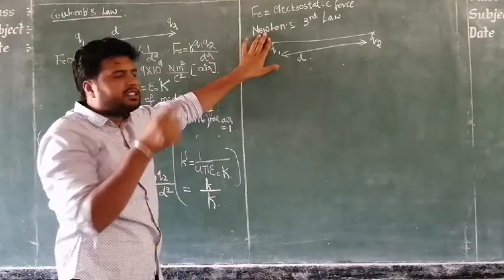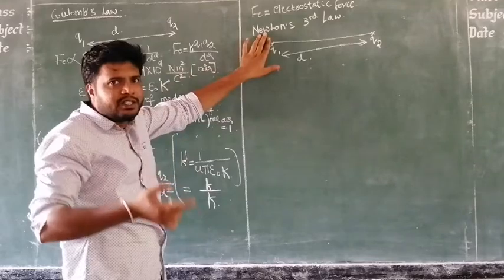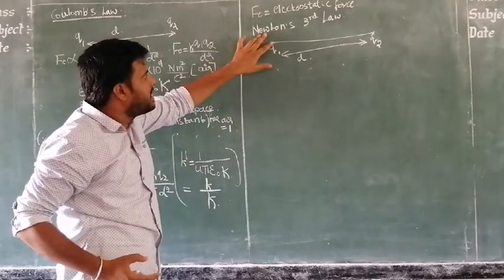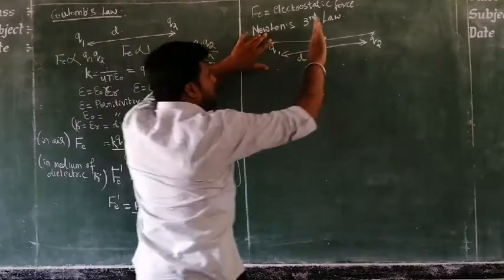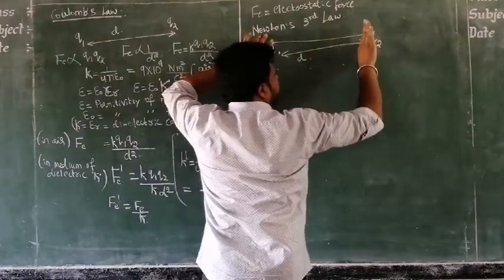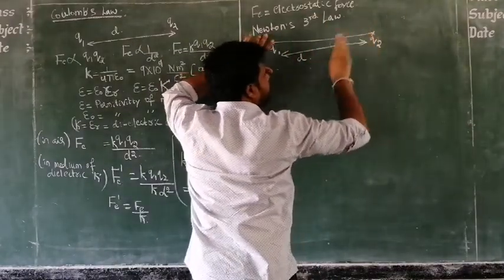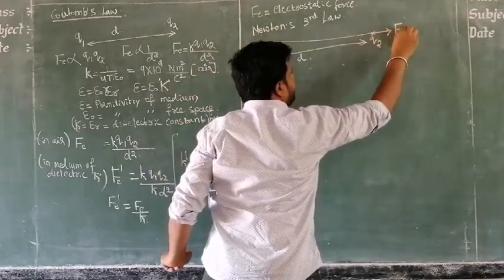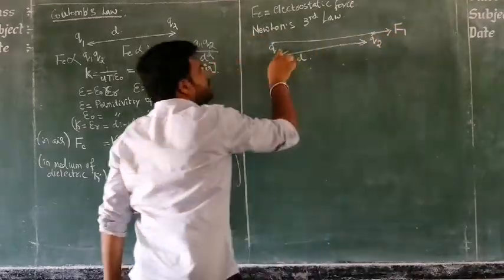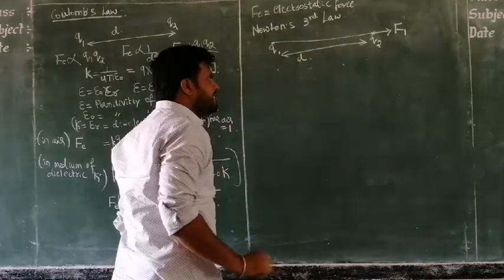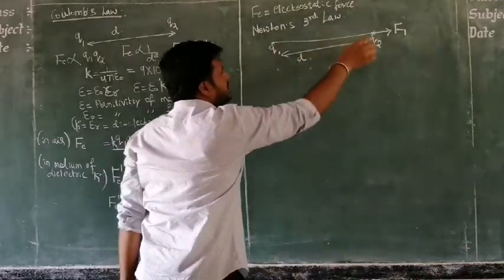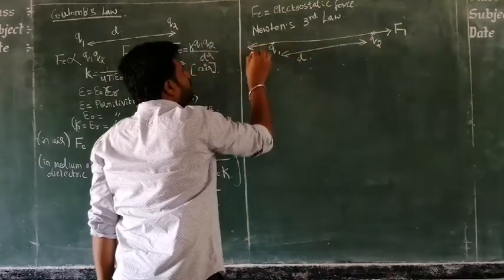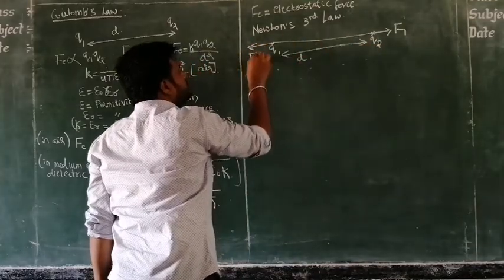Always like charges, positive and positive, repel each other. In what way? The force by this charge 1 will try to move charge Q2 away, repelling. It tries to move away. It means this is the direction of the force acting by Q1 on Q2. Similarly, the force acting by Q2 on Q1 equals F2.